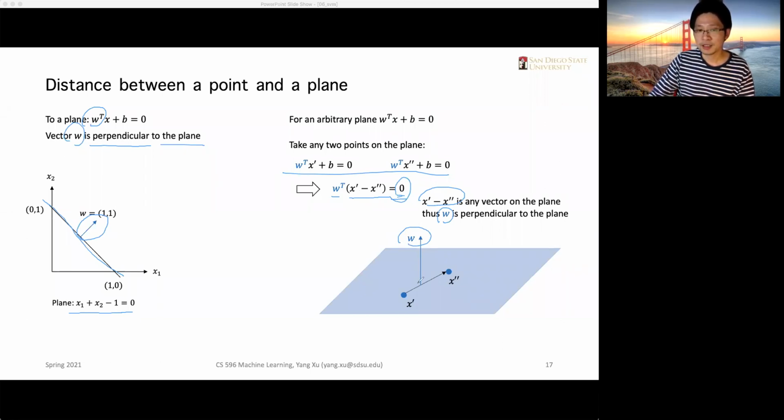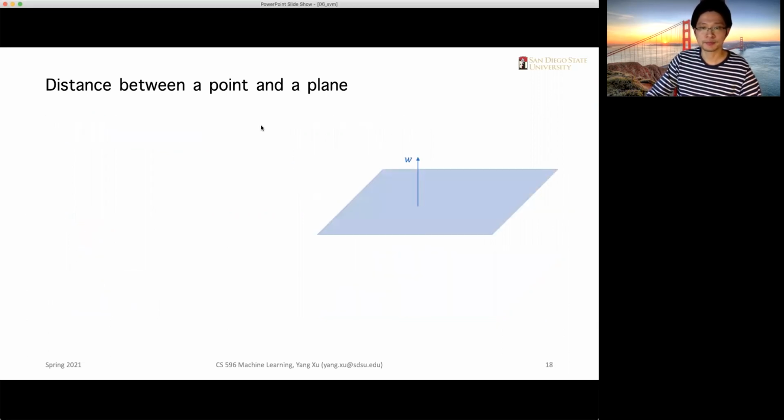Because x prime and x double prime are randomly chosen, they can be any points on the plane. Then any vector on the plane is perpendicular to W. So W is perpendicular to the whole plane. That is something we will use in the next step.